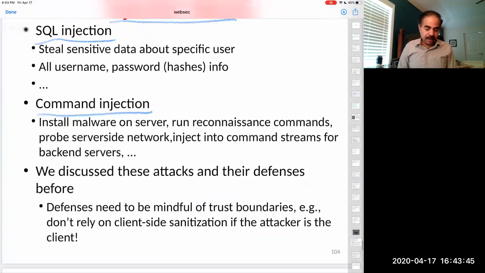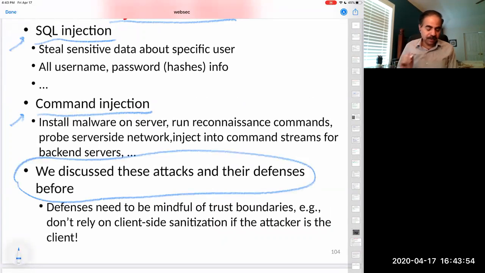We have already discussed many of these injection type attacks, and we have also discussed techniques for defending against them. So when we look at web applications in particular, one of the things to keep in mind is that we have to be mindful of the trust boundaries, because in the typical, say, buffer overflow type of situation, we are very aware that the client is malicious and we cannot trust the client at all.